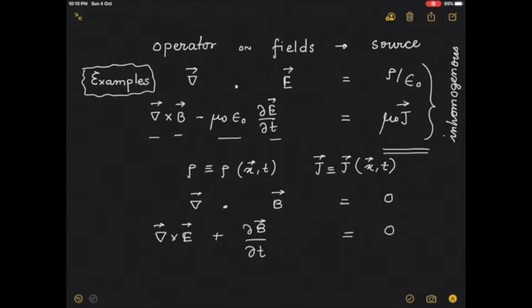You see here there is no source term. There are operators operating on the fields on the left hand side, but on the right hand side there is no source term. So these are called homogeneous equations. In the second part of the course you'll see that these equations are fundamentally different in mathematical structure from the first two, but that will come later. But all the equations have this structure.